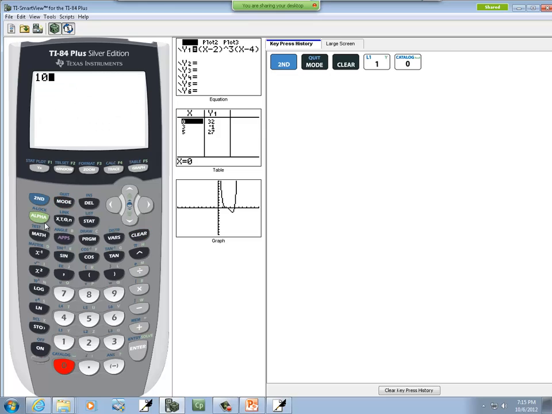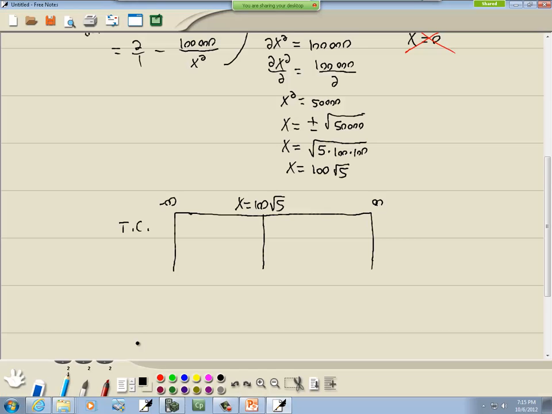So 100, then the square root of 5, enter. 223.6. Okay, so 1 would be a good one to pick over here, and 240.